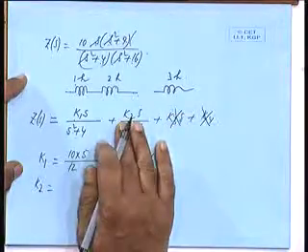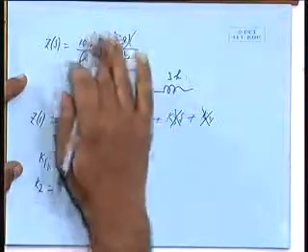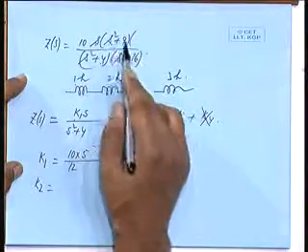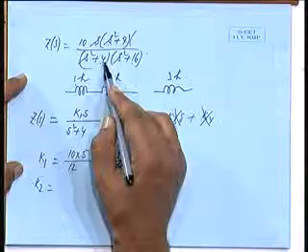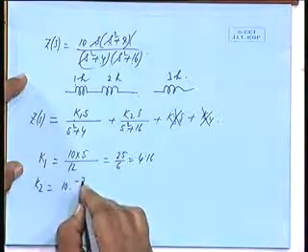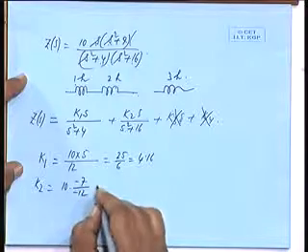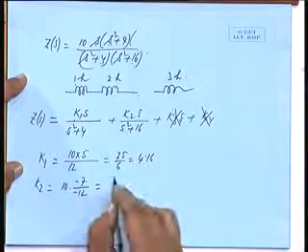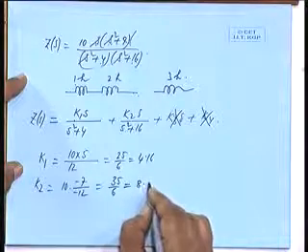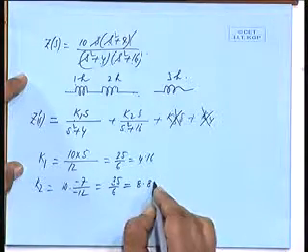K2, similarly multiply by S squared plus 16, divide by S, make S squared plus 16 equal to 0. So, this will become minus 7, this will become minus 12. So, 10 into minus 7 by minus 12. So, that gives me 70 by 12, 35 by 6, 5.83.